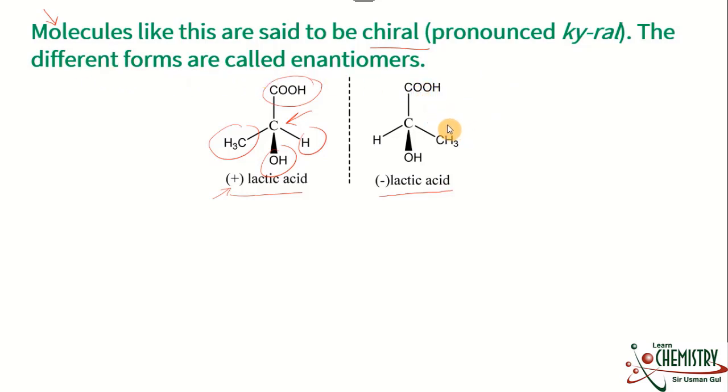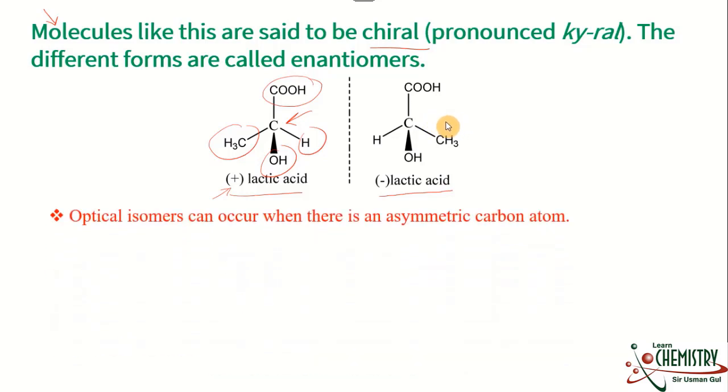So normally molecules having a chiral carbon show optical isomerism. Okay, furthermore, optical isomerism can occur when there is an asymmetrical carbon atom. Remember that this chiral carbon is also named an asymmetrical carbon atom.